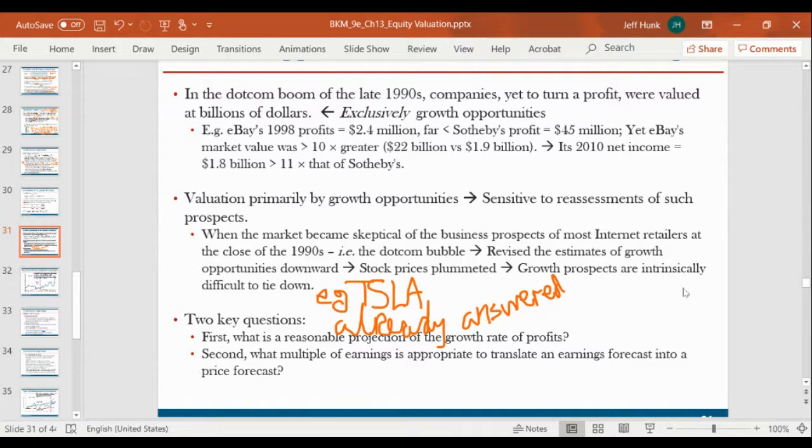Growth prospects are intrinsically difficult to tie down. Yes, it's true. That's why, remember, we talked about this earlier, there is a hierarchy of valuation. The most concrete is something like plant and equipment, real estate, and the growth opportunity is the most fleeting component, right?